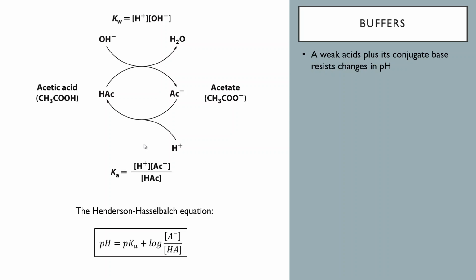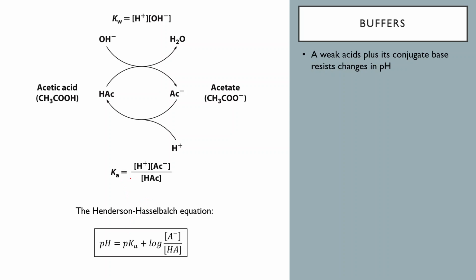If you know either the pH or the acid concentration, you can calculate the other. And to do that, you use the Henderson-Hasselbalch equation. But really, the Henderson-Hasselbalch equation is just a modification of the equilibrium constant, because again, Ka equals proton concentration times the conjugate base concentration over conjugate acid concentration.